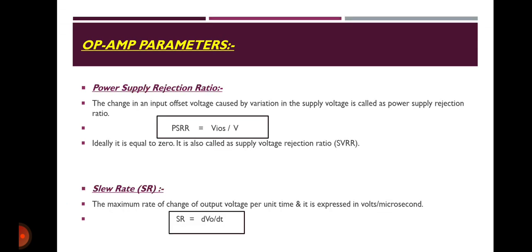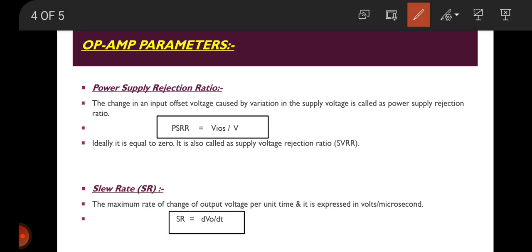Then next is power supply rejection ratio, that is PSRR. It is the change in an op-amp input offset voltage caused by variation in the supply voltage. So it is delta VIOS, that is change in input offset voltage to the change in supply voltage.